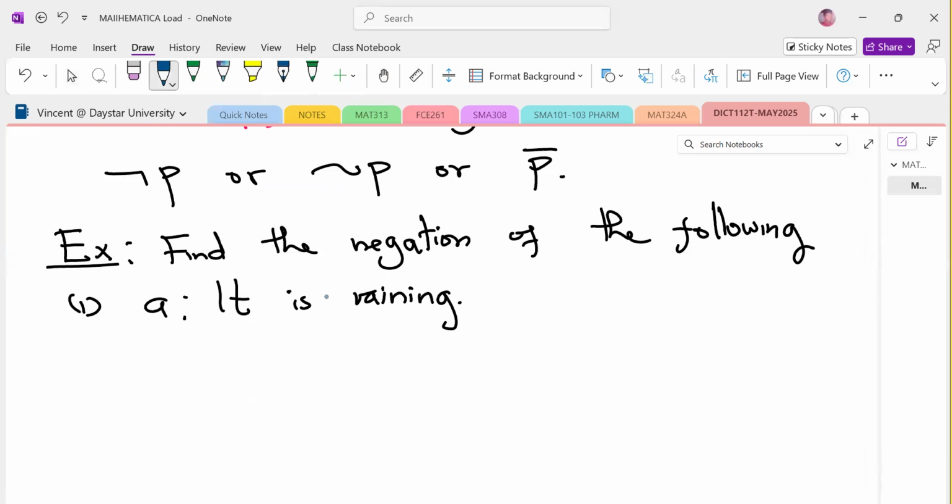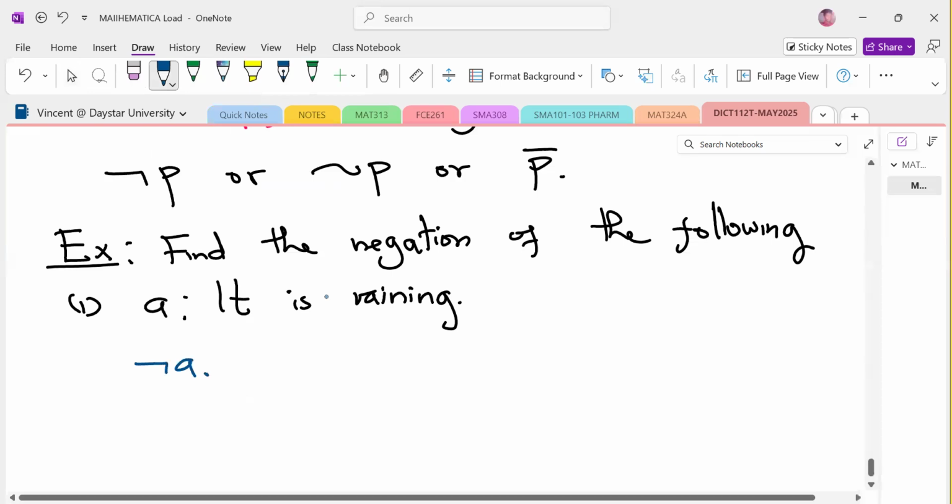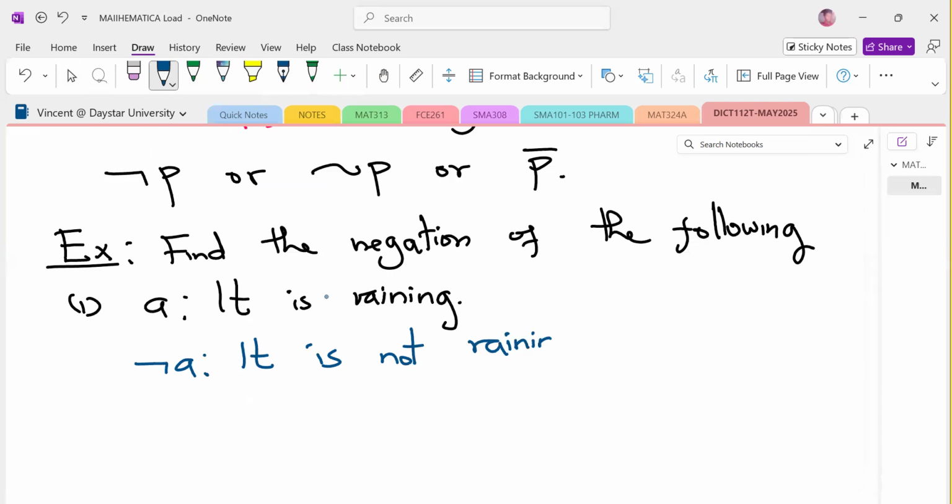So the negation of this statement will be it is not raining. Good.